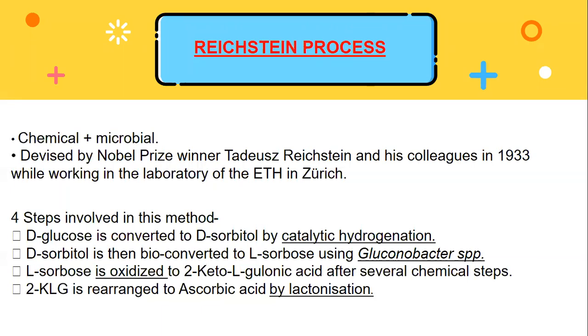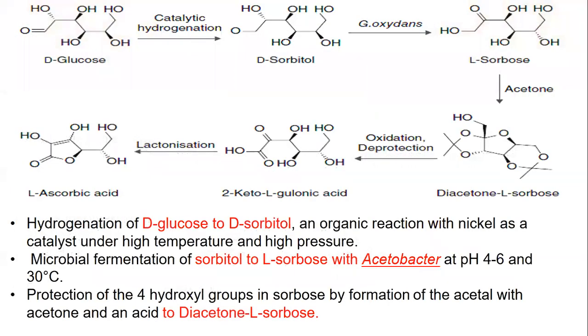The second step is microbial fermentation, where sorbitol is converted to L-sorbose using Gluconobacter species, and the L-sorbose is further oxidized to 2-keto-L-gulonic acid after chemical steps. The 2-KLG, or 2-keto-L-gulonic acid, can then be converted into ascorbic acid by lactonization.